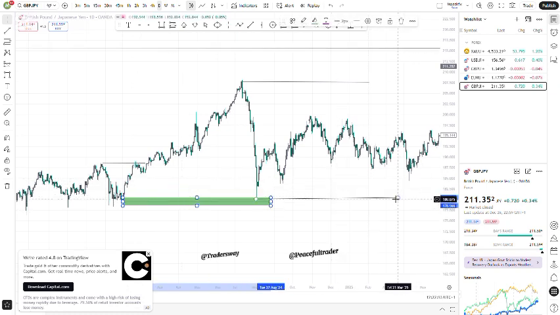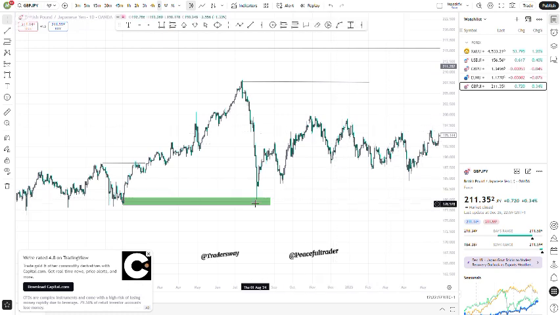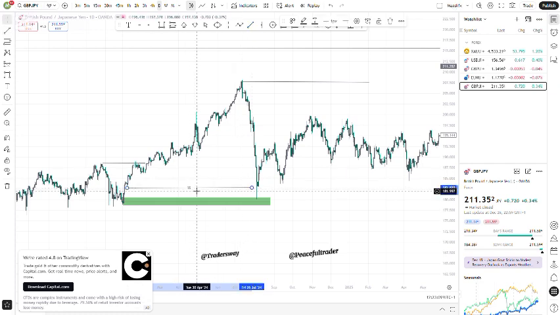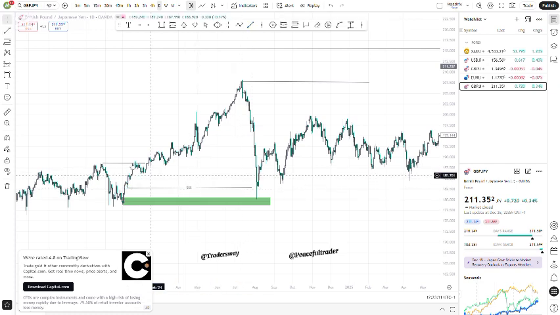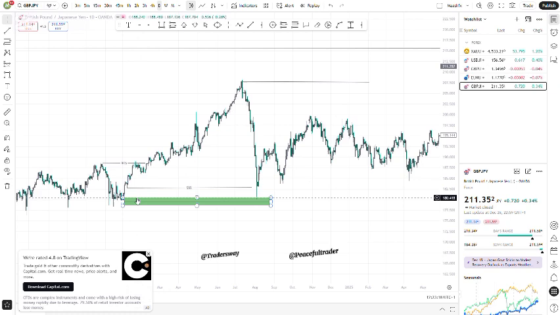My demand zone, and you can see market came in tapping my demand zone. You see, market came to tap my demand zone, and every demand zone always comes with a liquidity, which is called my inducement. You see, my inducement, and here was the break of structure.